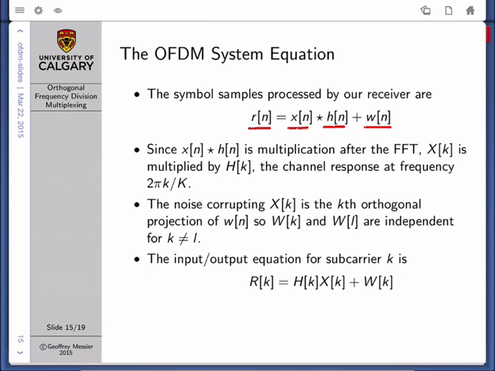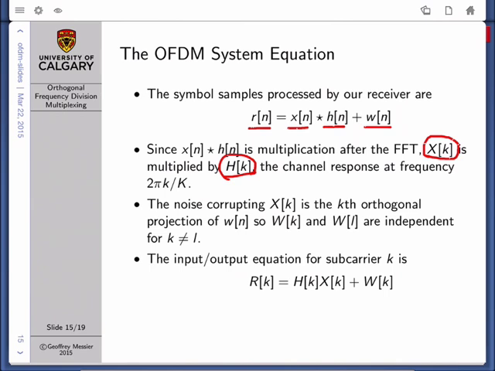And then we also have our additive noise, which in this case I represent using W. Now, what we do with our received signal samples R is we pass them through the FFT operation. Convolution after an FFT is just multiplication. And so after the FFT, we have basically our QAM symbols, which are equivalent to the frequency response of our OFDM symbol, multiplied by the frequency response of our dispersive channel.